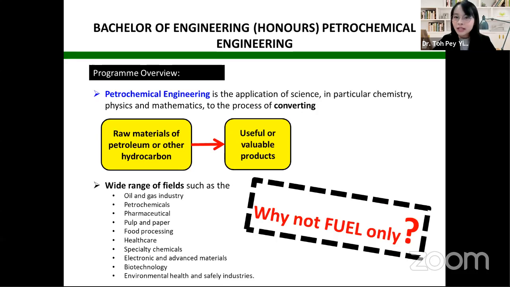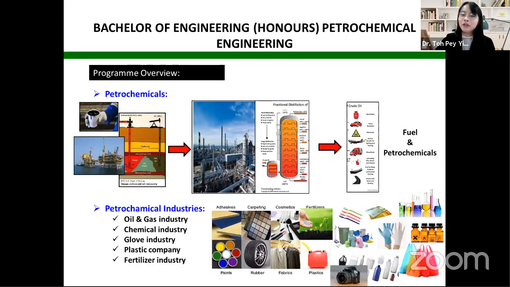When we see the word petrol, for sure it is fuel, right? But when we come to petrochemicals, let me tell you first how to produce petrochemicals. We name it petrochemical because its origin is from petroleum.